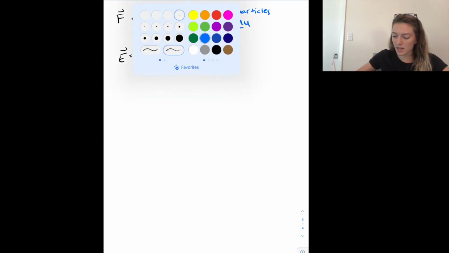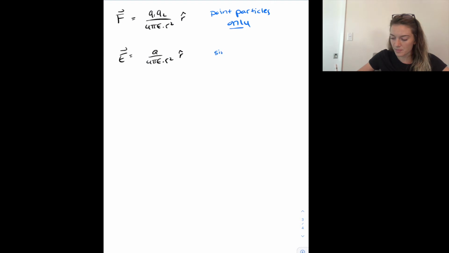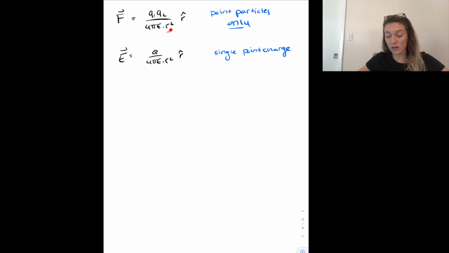And again, this is a single point charge. And again, the 1 over r squared dependence of Coulomb's law and the electric field is very, very important. That's one of the defining features of electromagnetism, that we have this 1 over r squared force and this 1 over r squared electric field.